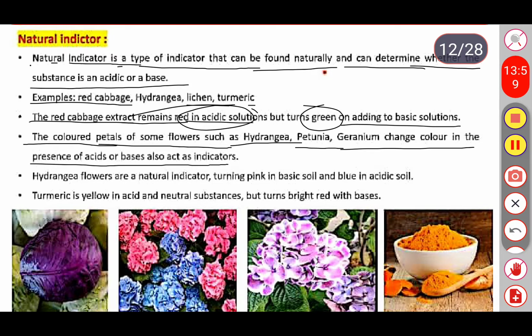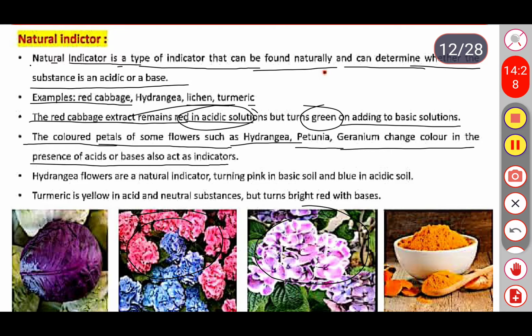It means some natural petals or leaves can also be used as natural indicators. They also show whether the solution is acidic or basic. So these are some examples of natural indicators. With the help of these indicators we can easily identify solutions.